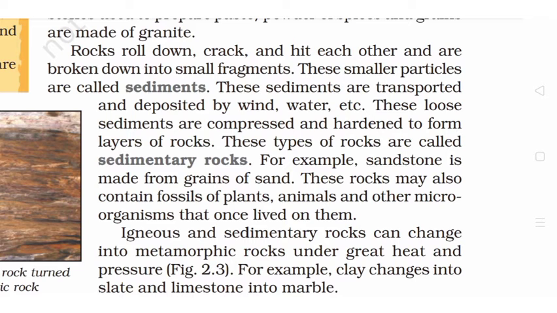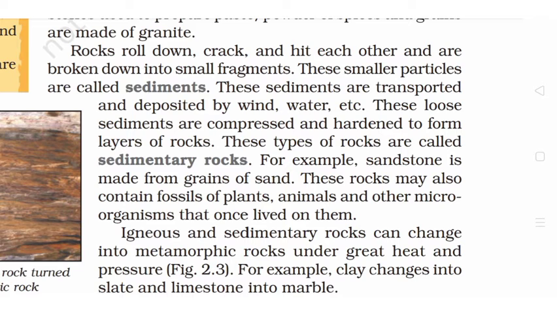Now these loose sediments are compressed and hardened to form layers of rocks. These loose sediments or small particles are compressed, meaning they are hardened. Due to the heat, they get hard and form layers of rocks, and these types of rocks are known as sedimentary rocks.